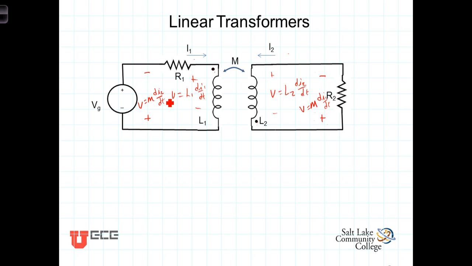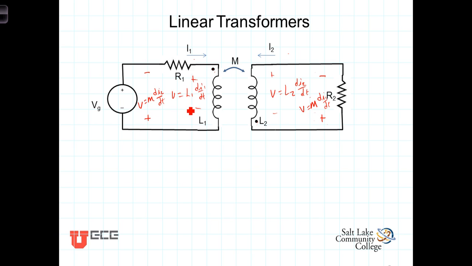So to restate this in a little bit of review, each of these coils has two different components of voltage. There's just one overall voltage, but it consists of two components. One component is due to the self-induction of the current flowing through this inductor, L1 dI1/dt, and the other component of the voltage across this coil is due to the current flowing in the other coil that mutually induces a voltage in the first coil.